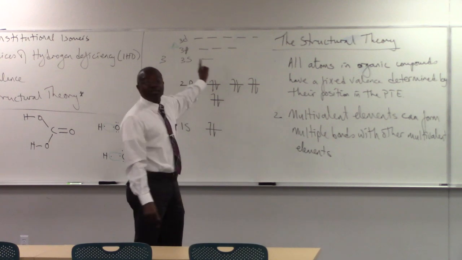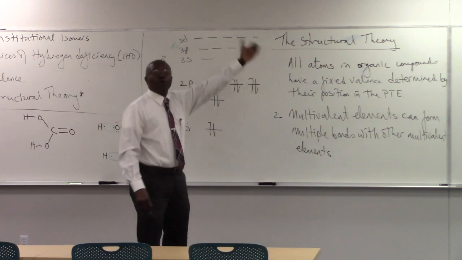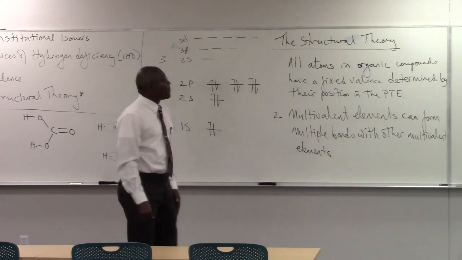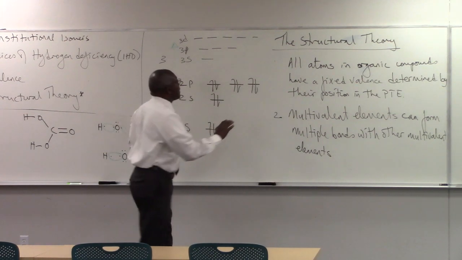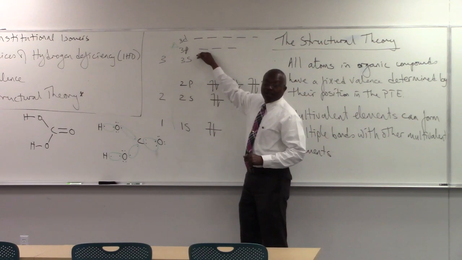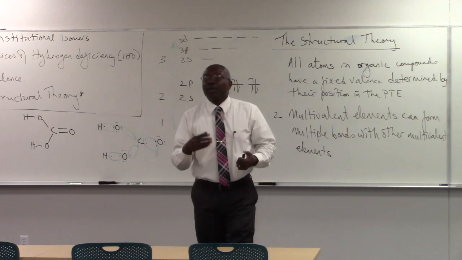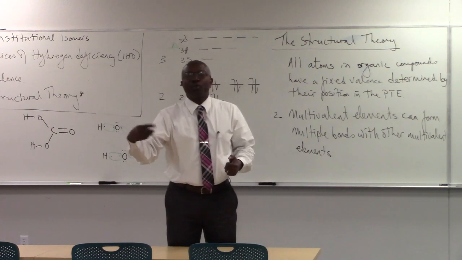There are 18 seats on the bus if you are in the third row, and then more in the fourth and more in the fifth and so on. Now there is stability to be had if you only fill the 3s and the 3p. So the octet for third row elements provides stability, but they are not locked into an octet.